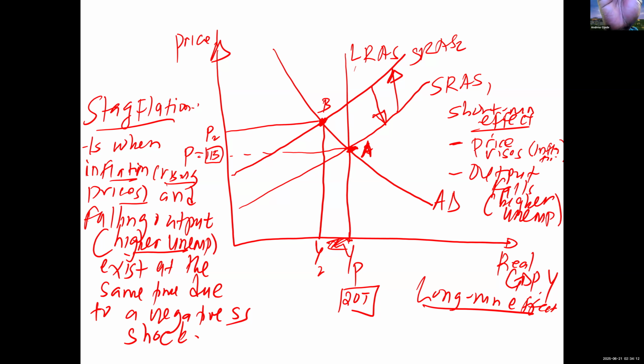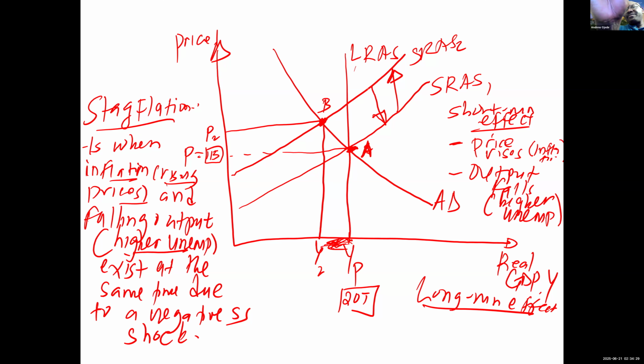Once you're at point B, there's high unemployment because of falling output. Wages are going to start falling because of high unemployment. As wages fall, the cost of producing goods becomes cheaper, and companies are going to start increasing production.